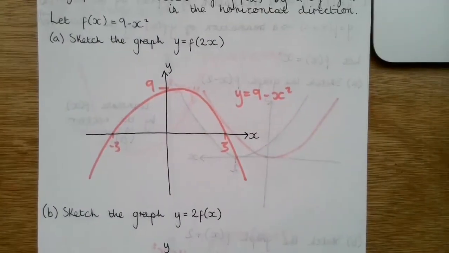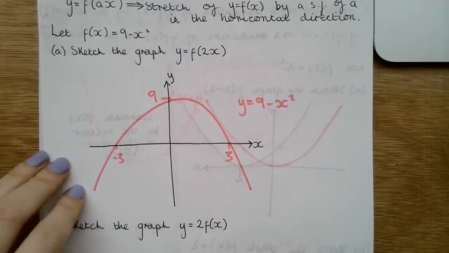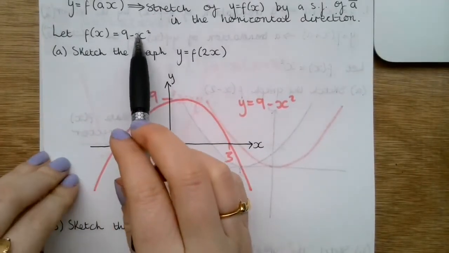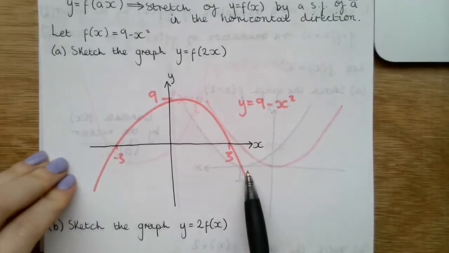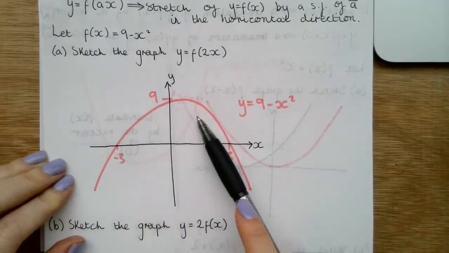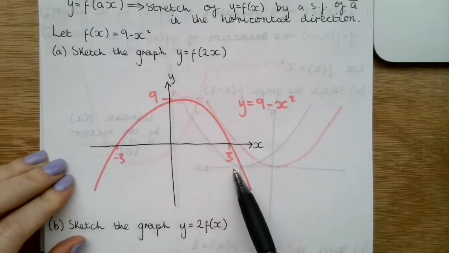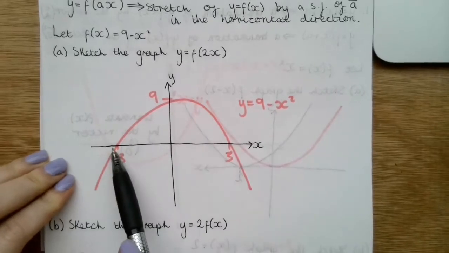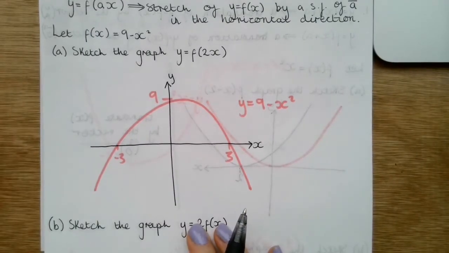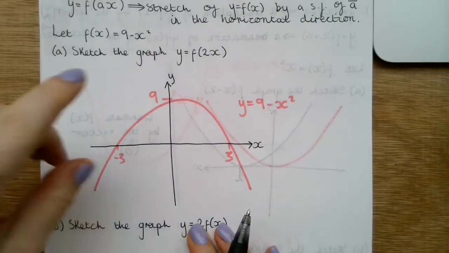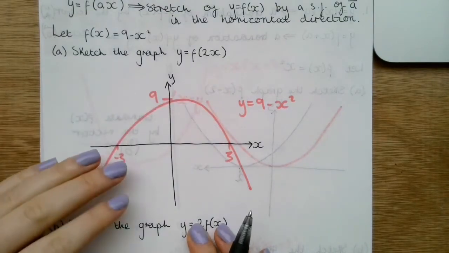The first example, we've got f of x is equal to 9 subtract x squared. I've done a very dodgy drawing of that graph. So we've got a 9 minus x squared here. We've got the roots of 3 and minus 3. And we're going to be translating that by multiplying the x values by 2.